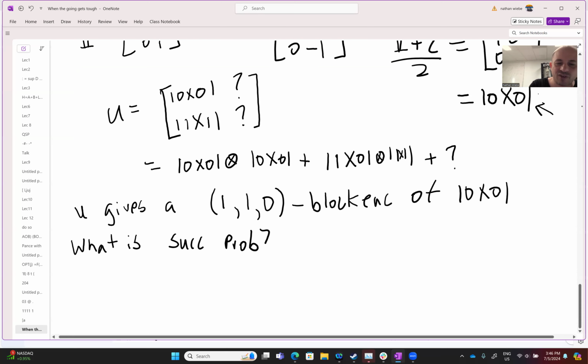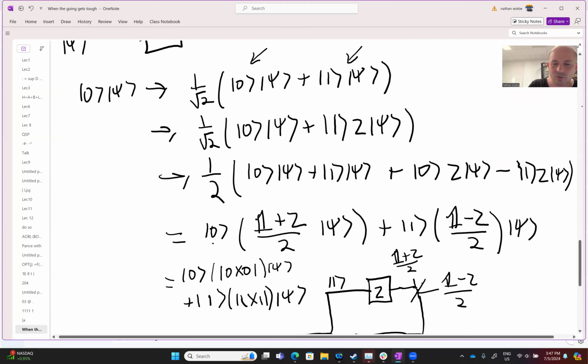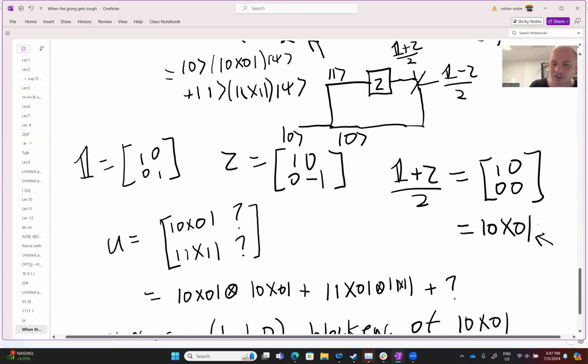The success probability can be found very easily. It really is just the norm of this part of the circuit in here.